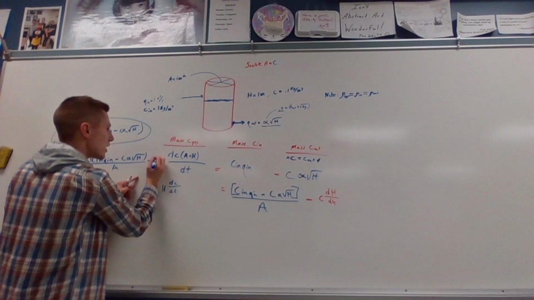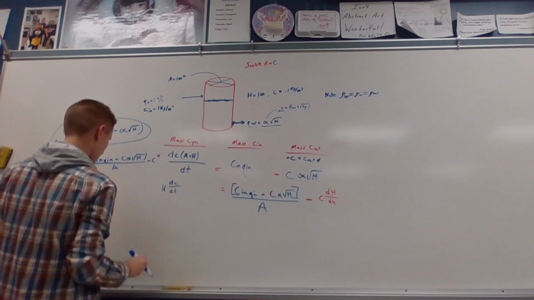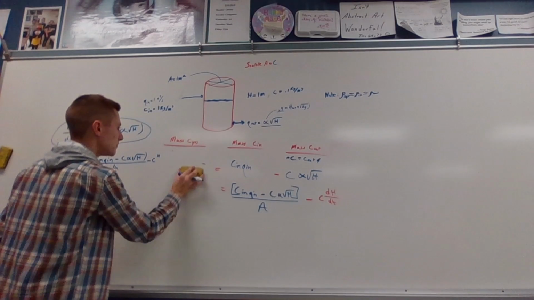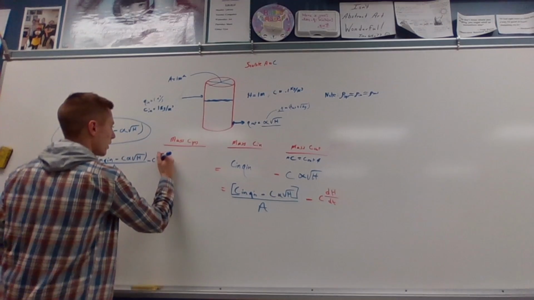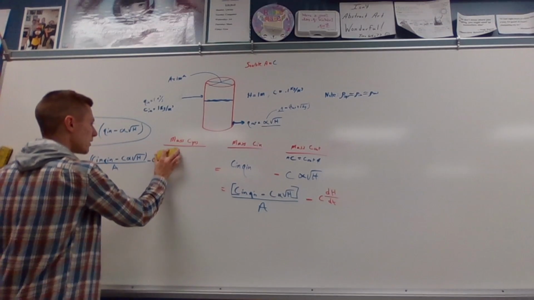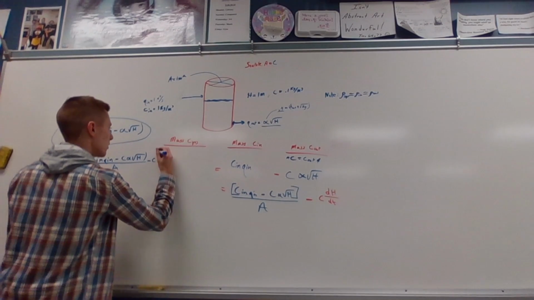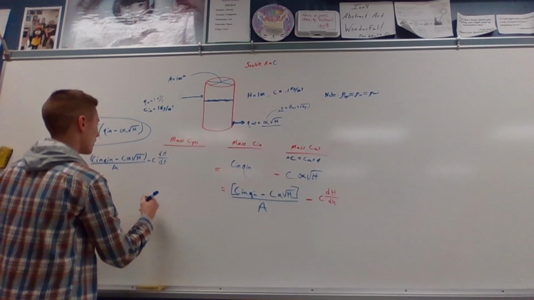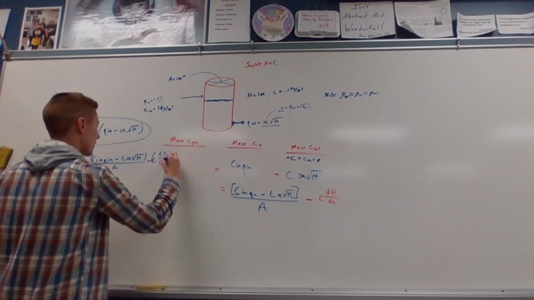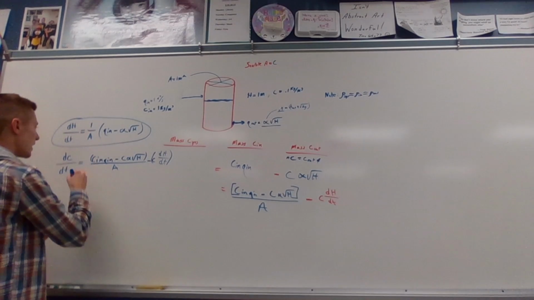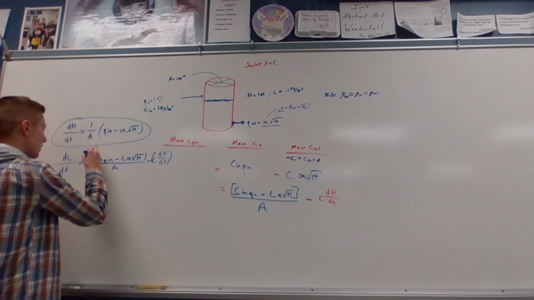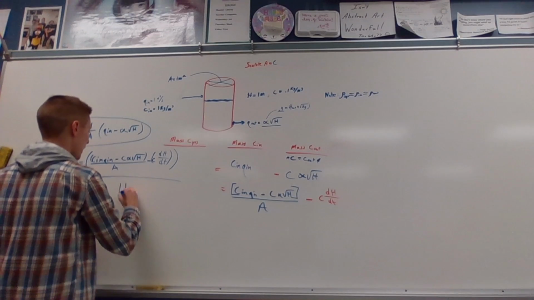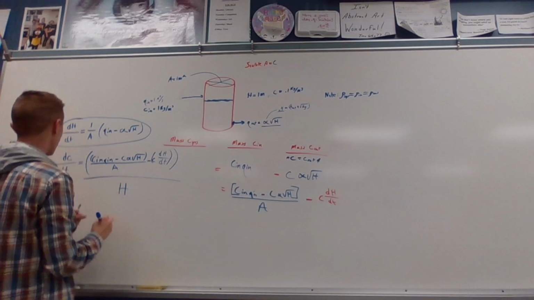So our concentration times, I'll go ahead and get rid of this so it's a little easier for you to see, our derivative of height with respect to time. So you've got this over here, and dividing this entire thing by our height.